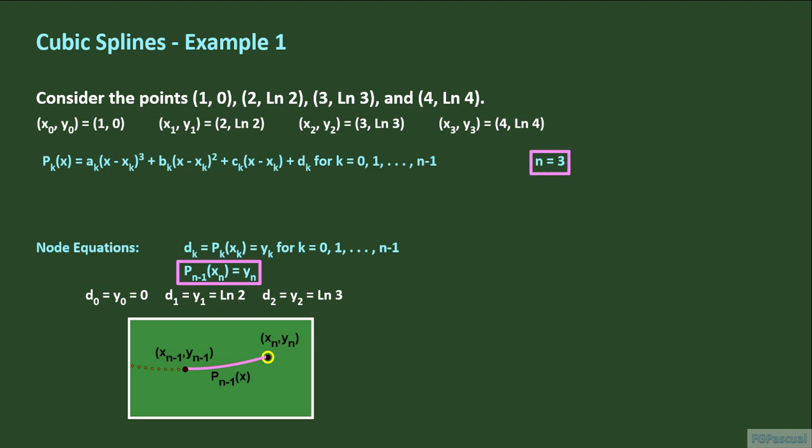With n equaling 3, x sub n, y sub n is equal to x sub 3, y sub 3. P sub n minus 1 should be p sub 2, and so we're looking at p sub 2 of x sub 3, or p sub 2 of 4.